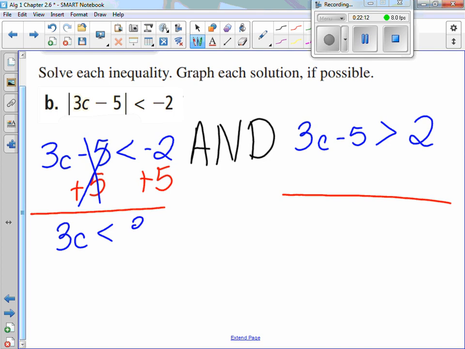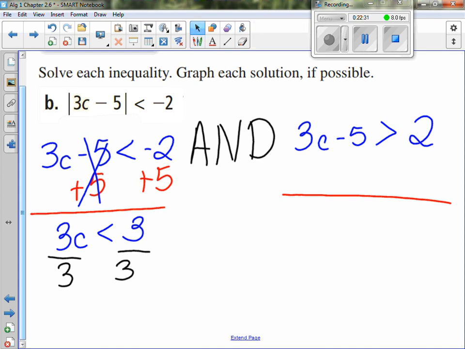Then 3, because negative 2 plus 5 would give me 3. And if you have troubles dealing with negatives and positives, just put it in the calculator. The calculator will tell us. And last but not least, we need to divide both sides by 3. And we get c is less than 1.